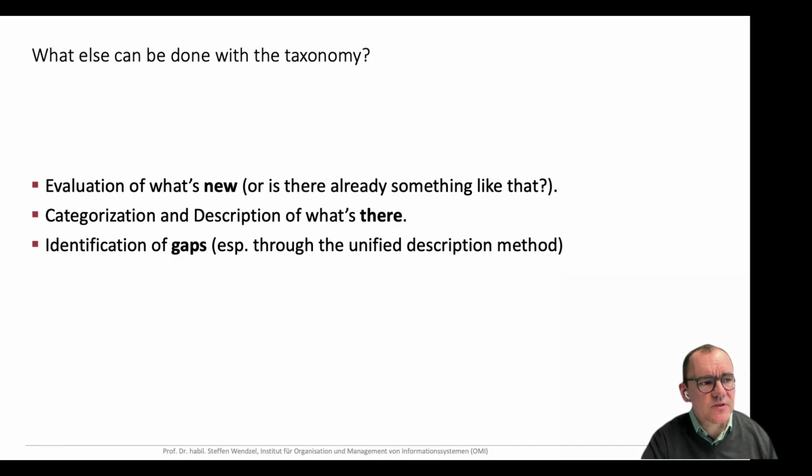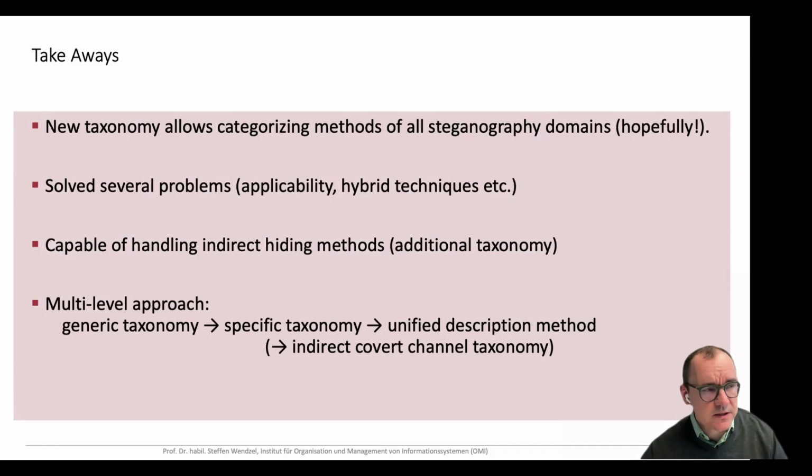So research gaps that can be filled by new students, especially because we determine that something is not representable by existing patterns, or we find hints in papers that use the unified description method, because we see, okay, they describe that and that, but they lack that and that. So this is the main purpose of the taxonomy, besides the linking.